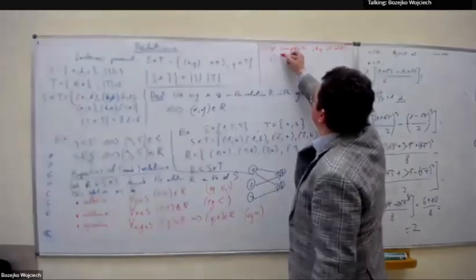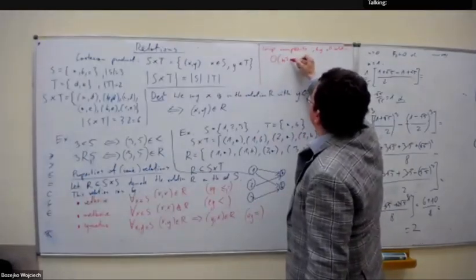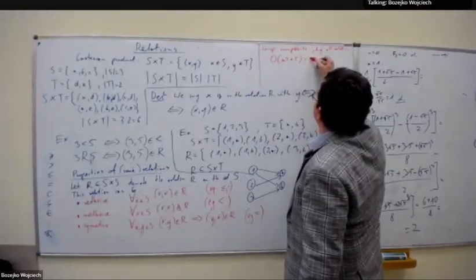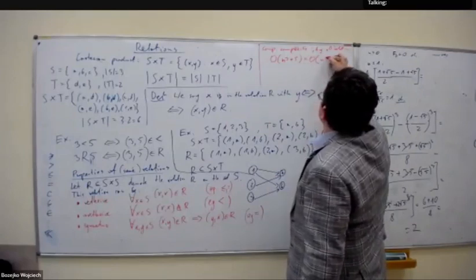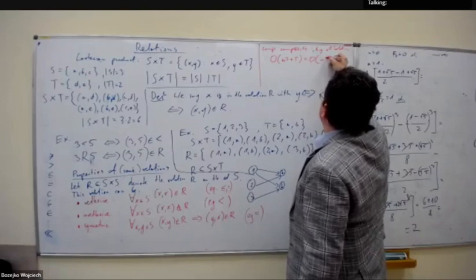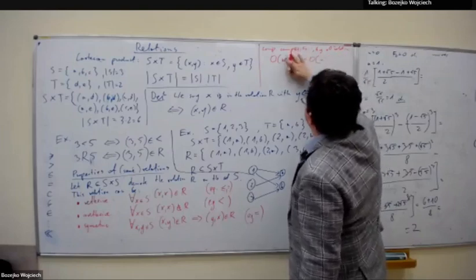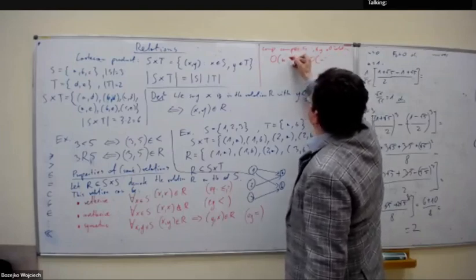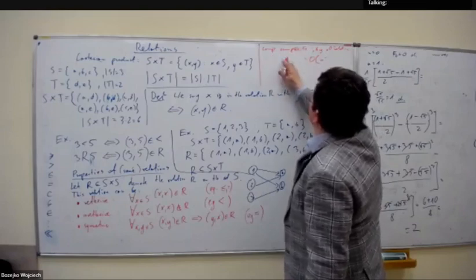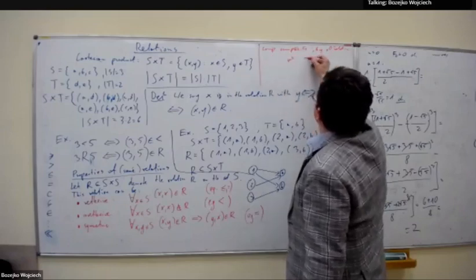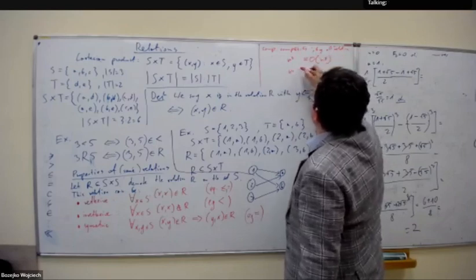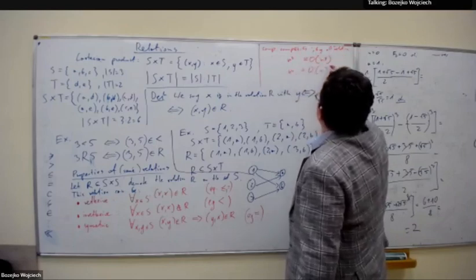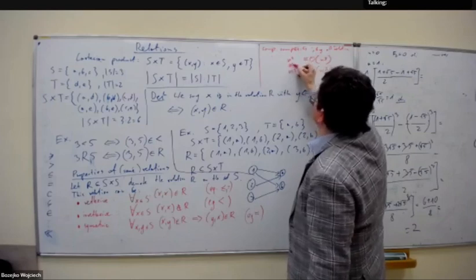So if we have big O of n to the power of 3 plus 5 equals big O of n, maybe like this. Let it be like this: n squared is big O of n to the power of 3. And n is also big O of n to the power of 3, but this is not the same.